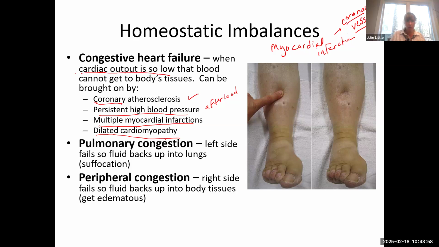So when it comes to congestive heart failure, usually it's going to be on one side of the heart or another. If you have pulmonary congestion, what that means is, so here we have the right side of the heart, and it's sending the blood to the lungs. I'm going to put the lungs here. Here's a lung, here's a lung, and it's coming back to the left side of the heart.